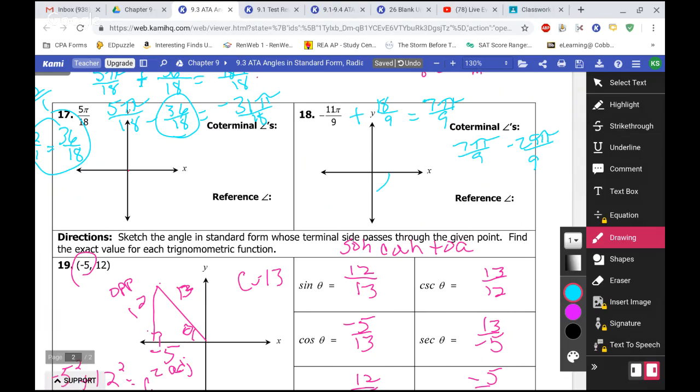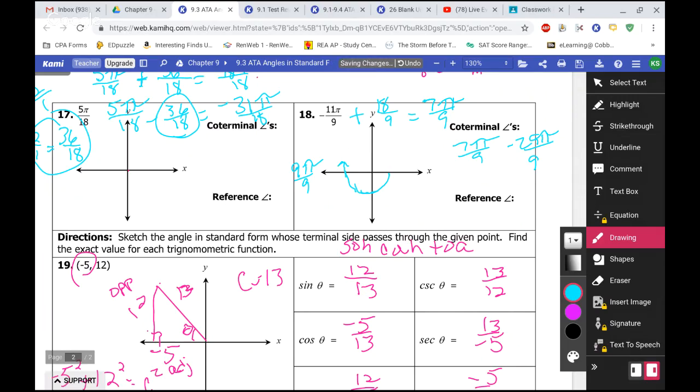I'm looking for the reference angle, and I know that 9 pi over 9 is going to be over here because that's pi. But I'm going to travel a little bit past that. Actually, exactly 2 pi past that.